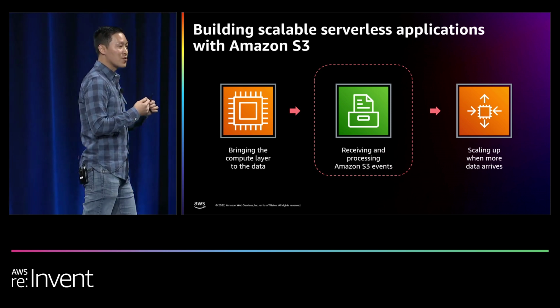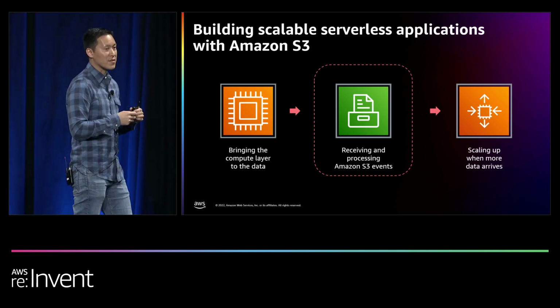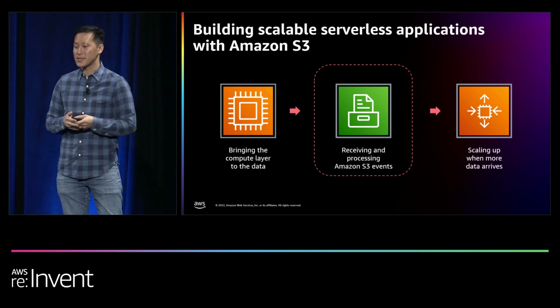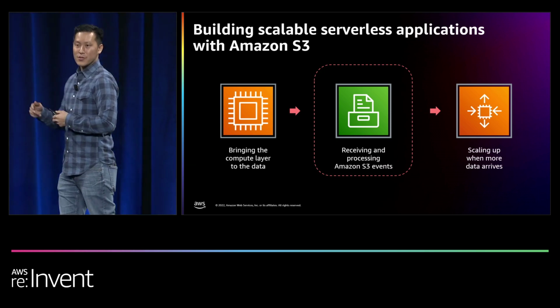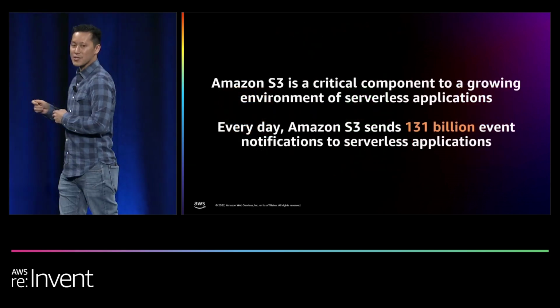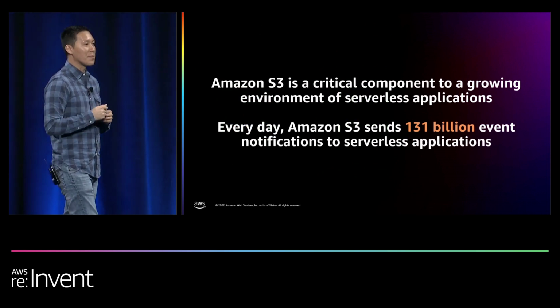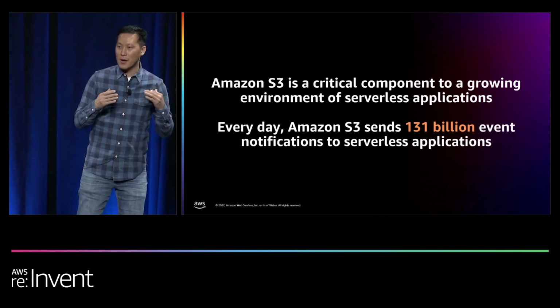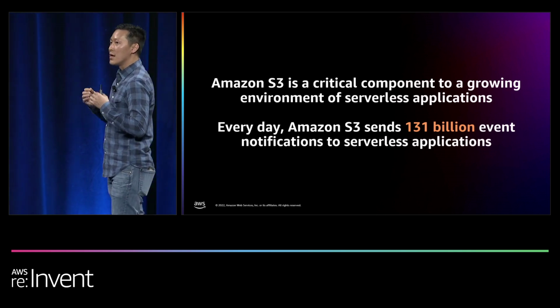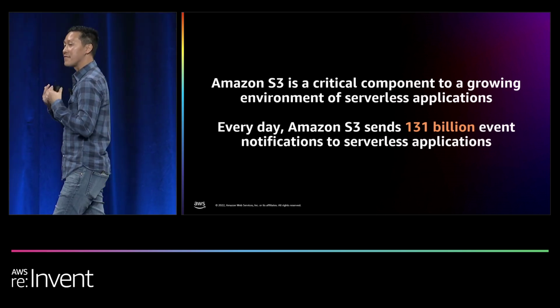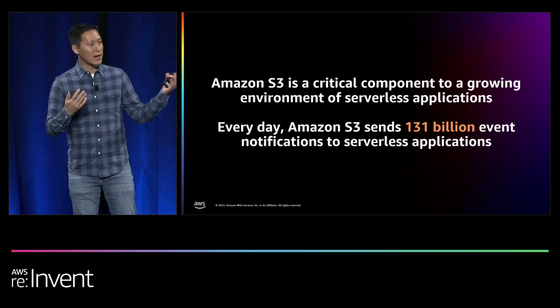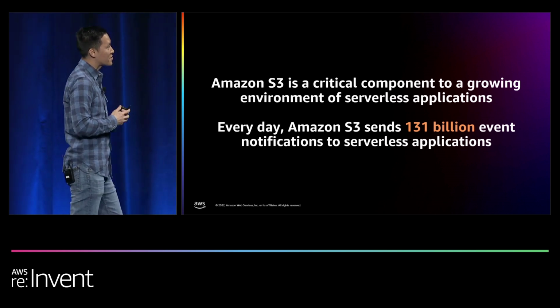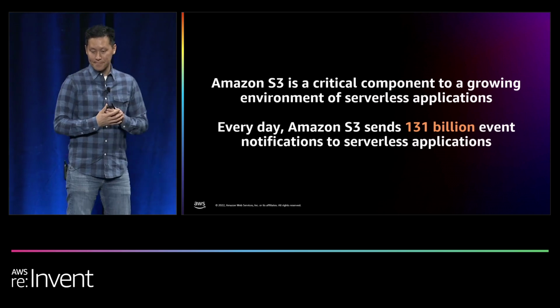And with that, we can do things like trigger a Lambda function to then go and immediately do some computation against that image. So just thinking about those event notifications, we have on the order of 131 billion events coming out of S3 on a daily basis. So these are events that customers are now acting upon in near real-time fashion to do, again, a number of different activities. And we're going to walk through some of those use cases.